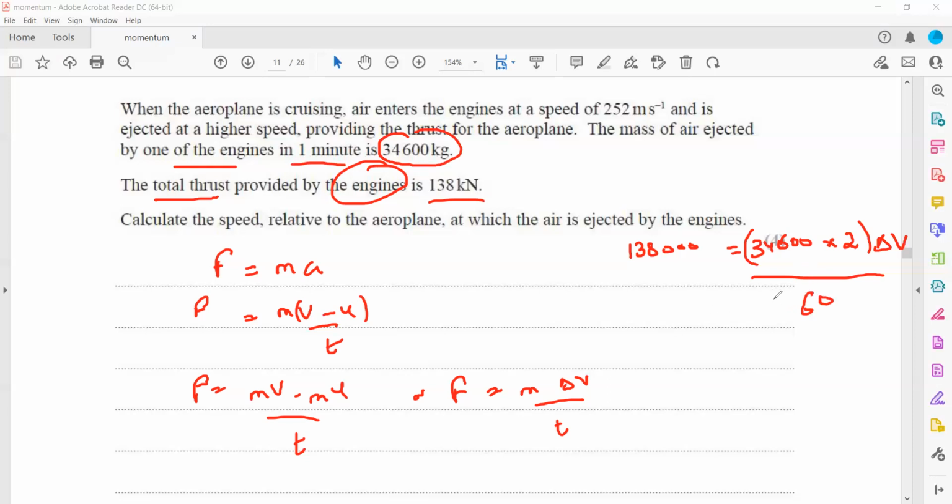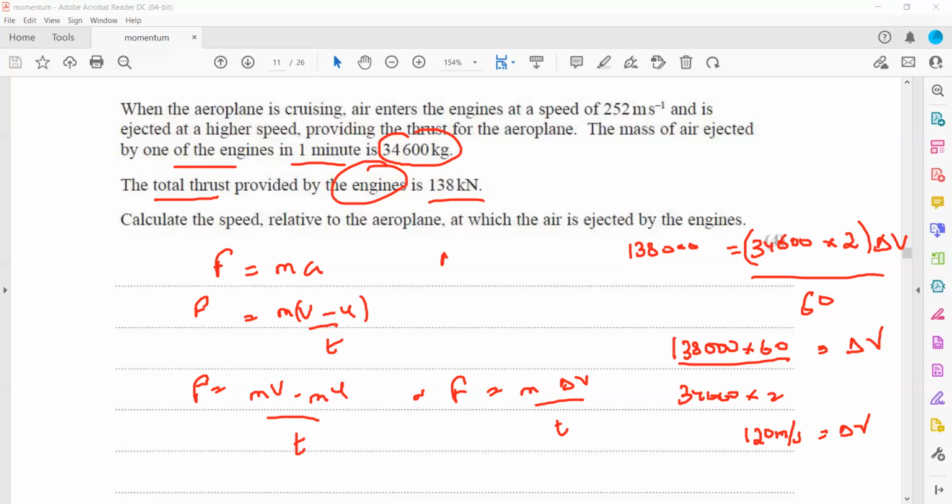When we simplify this, 138,000 multiplied by 60 divided by 34,600 and divided by 2 as well. This will give us how much the velocity changes. The change in velocity will come out as 120 meter per second.